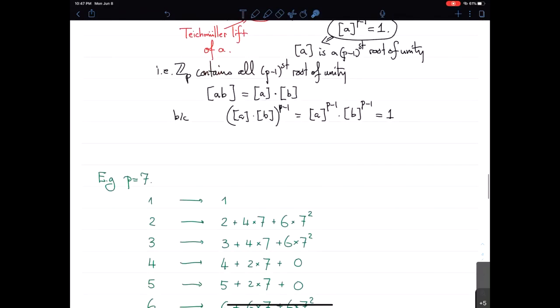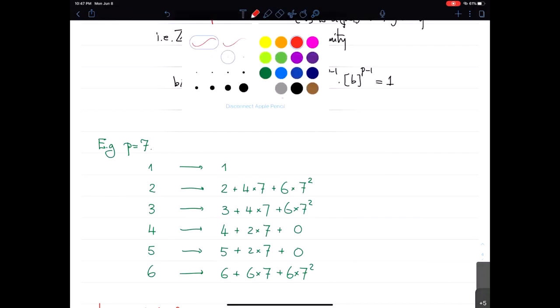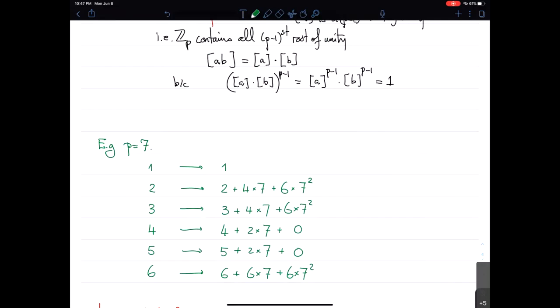Here's an example. If p equals 7, and you want to solve this modulo 7 cubed, you can start with x congruent to each of 1, 2, 3, 4, 5, 6. Of course, 1 always lifts to 1, and then 2 will lift to this thing.